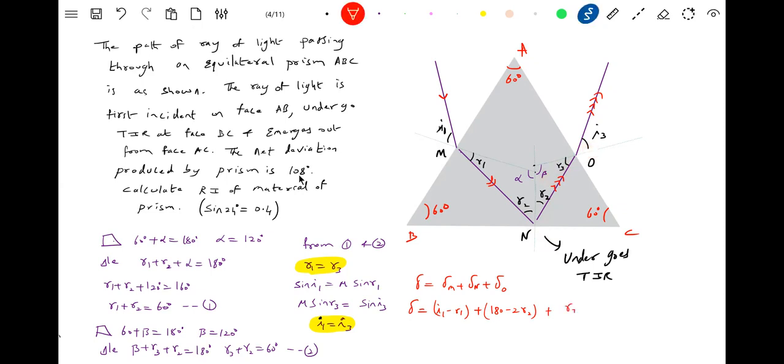So this will be R3 minus R2. We know R1 is equal to R3, I1 equal to I3. So 2I1 minus 2R1 plus 180 degrees minus 2R2.